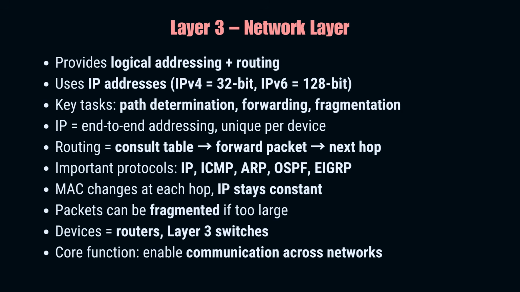IP addresses consist of a network portion, identifying the specific network, and a host portion, identifying devices within that network. Routing works through a 4-step process: examining destination IP addresses, consulting routing tables for best paths, forwarding packets to next hop routers, and repeating until packets reach final destinations.